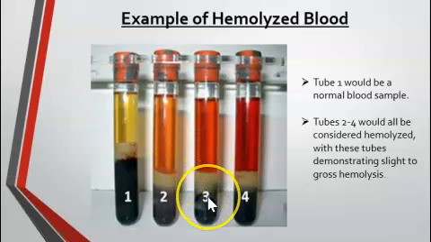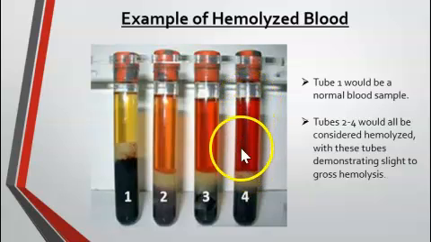So moving on to tube 3, there is a little bit more hemolysis happening in tube 3, meaning more red blood cells have lysed. More red blood cells have opened up or burst and released their contents. All right, finally in tube 4, this is the most severe tube as far as hemolysis goes.